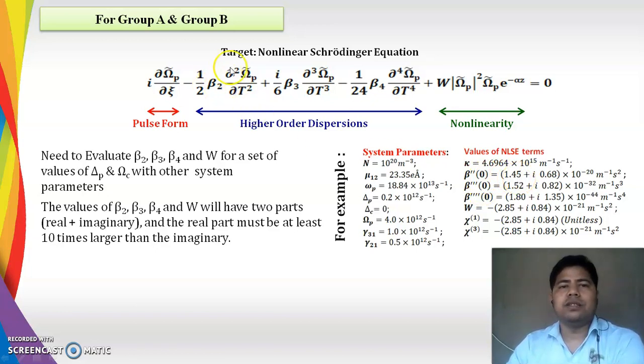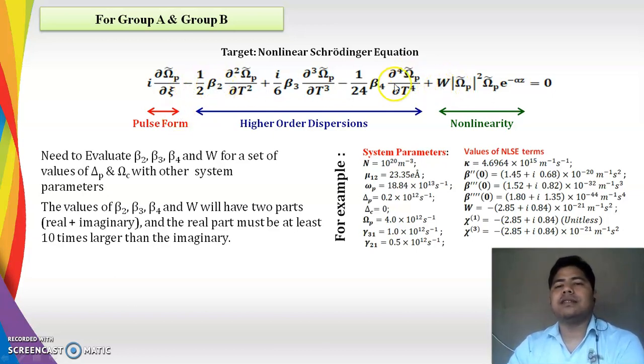So these two terms will have opposite signs in this case. Beta 2 is positive 1.45, and if there is a minus sign in front, it will be negative. This is also negative, this is also negative.